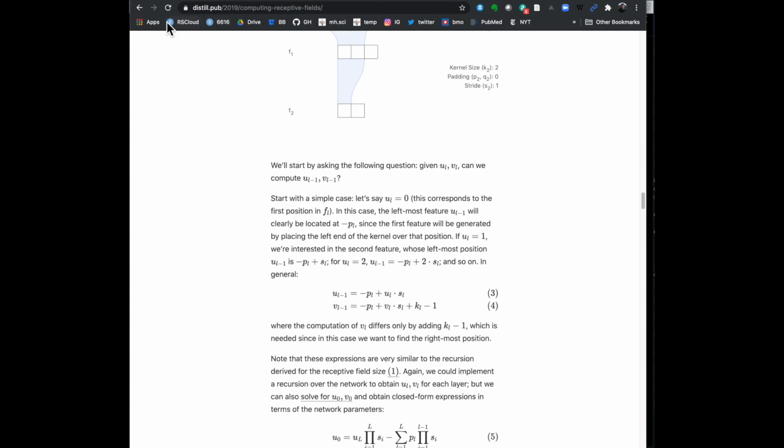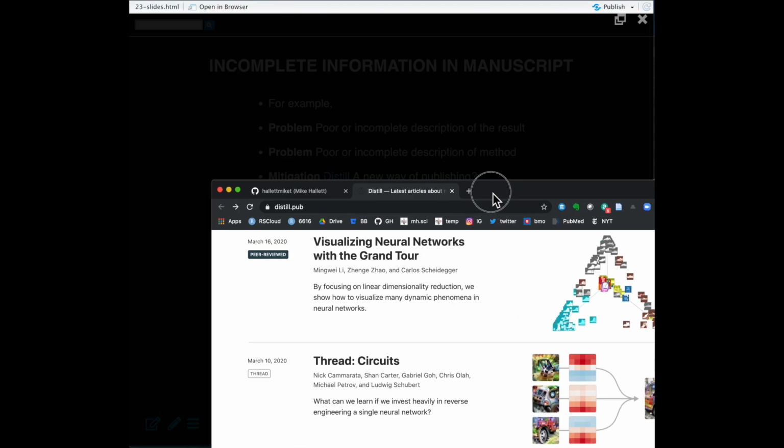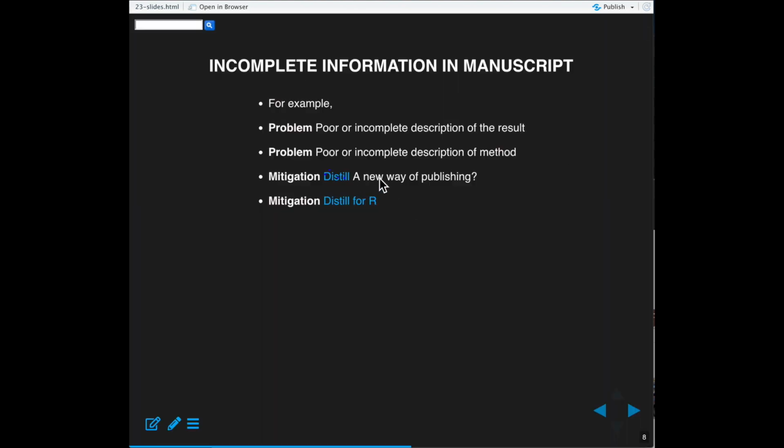Okay, so why does this address the issues of reproducibility? Well, I think Distill is putting the data and code right there for you. So if you don't understand the result or the method, you can explore it quite directly. It actually goes further.